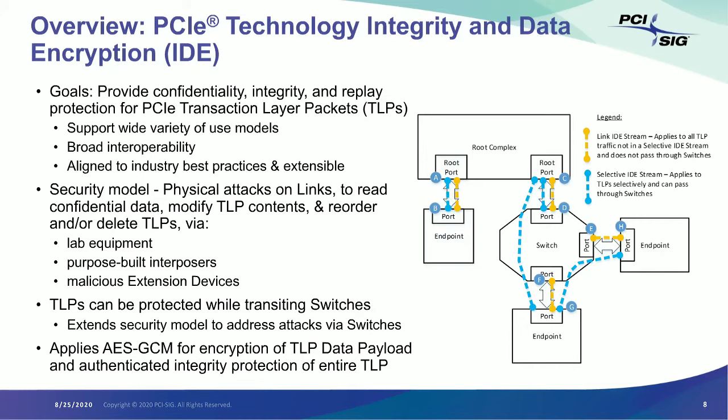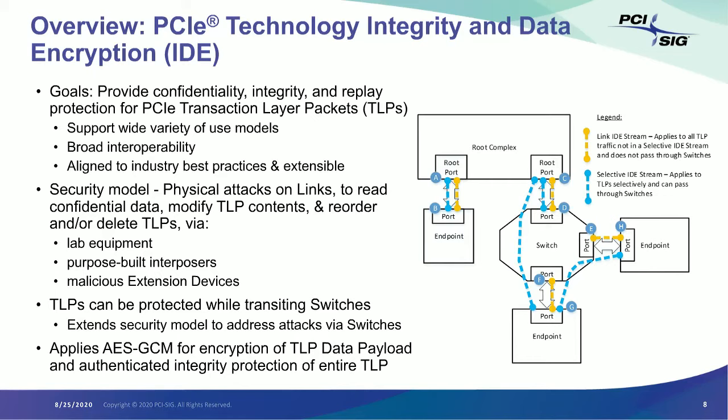So an attacker who's using something like a logic analyzer or a traffic injector, we will be able to detect any attempt to modify the contents, reorder TLPs, add or delete TLPs. And again, of course, the data payload itself is encrypted, although the header is not, which is, again, something very important to understand.